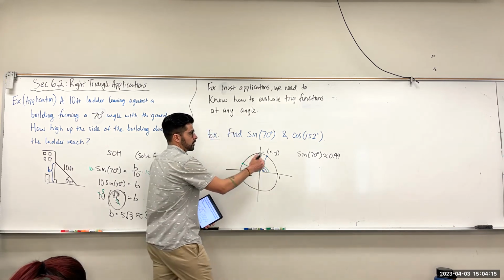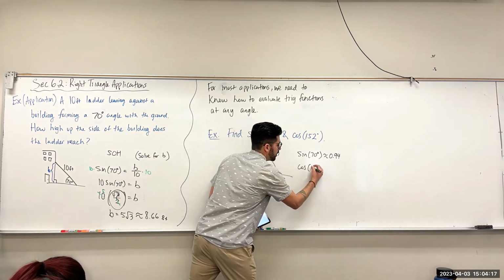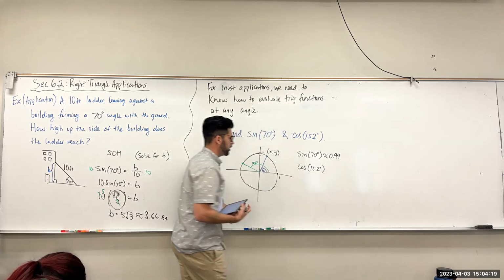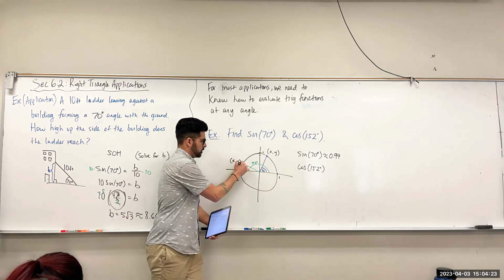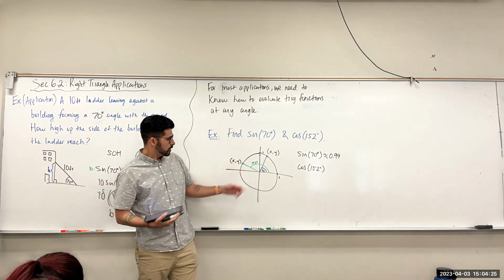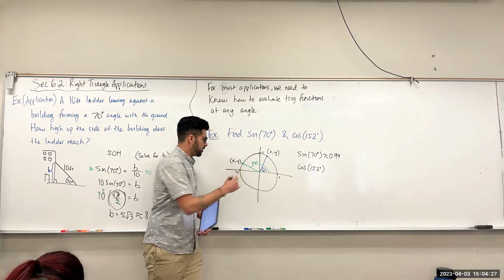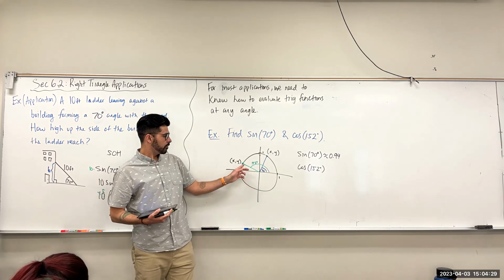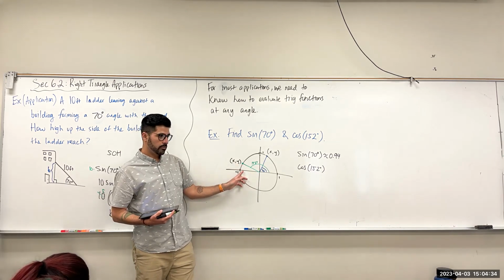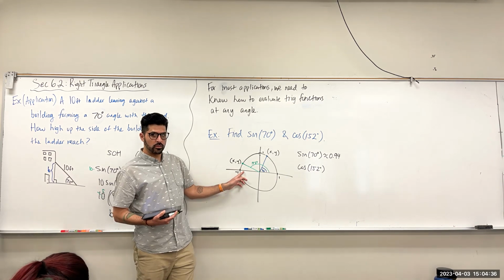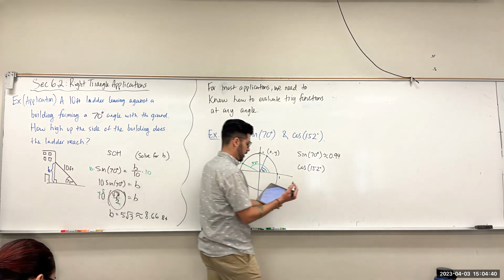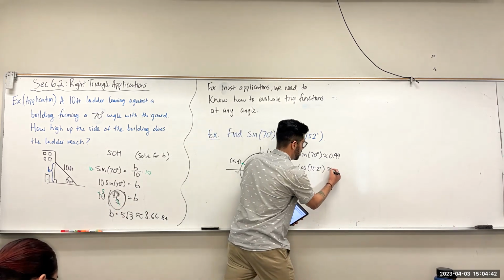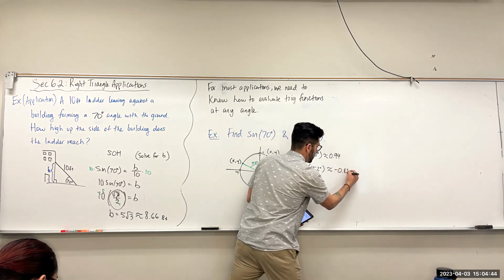Let's see, cosine of 152 before we plug it in the calculator. Cosine is the x coordinate here, and -1 is here. So what do you think cosine of this angle will be approximately? Close to -1, like -0.88, there you go.